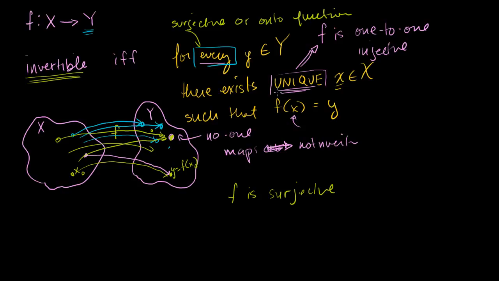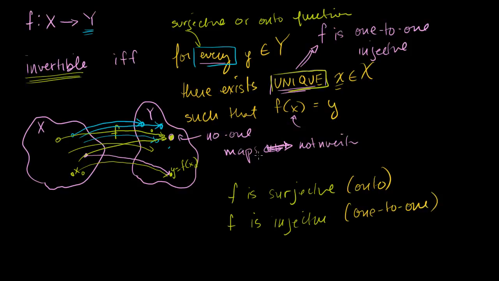So in order to satisfy the unique condition for invertibility, we have to say that f is also injective. And the less formal terms for each of these: you could call this onto, and you could call this 1 to 1.